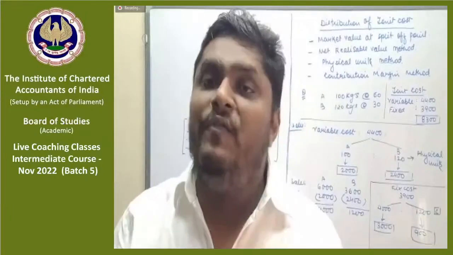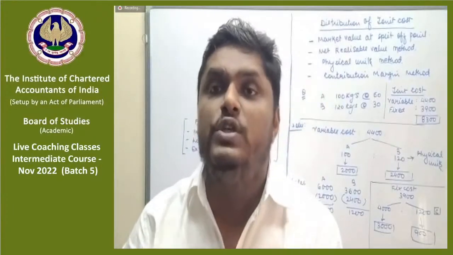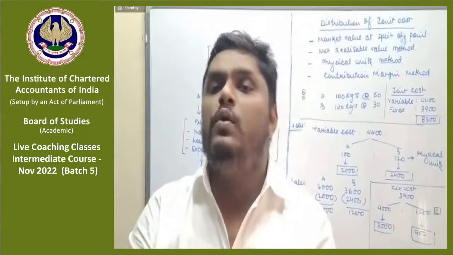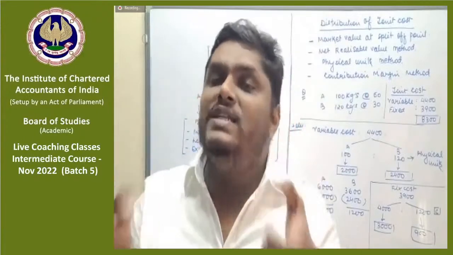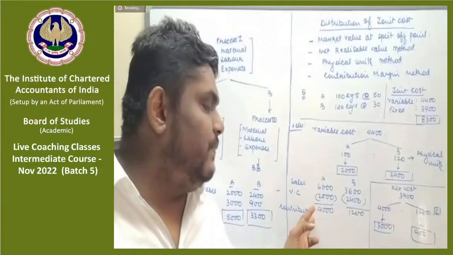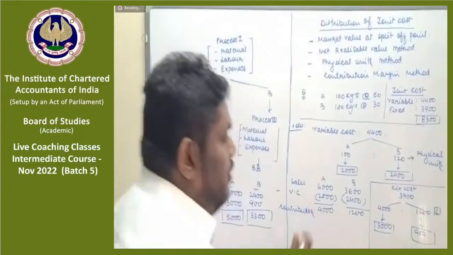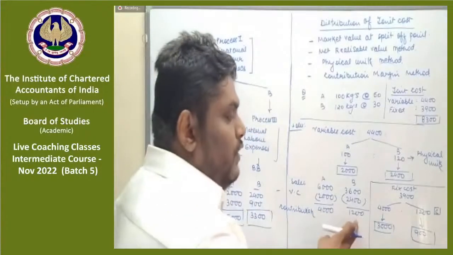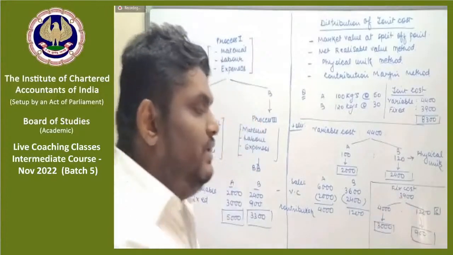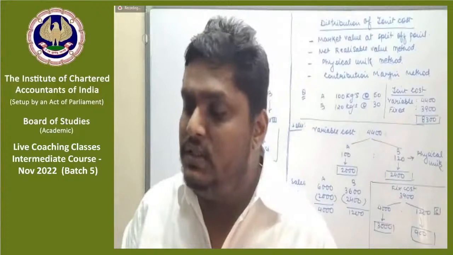When talking about fixed cost, it will be distributed in the ratio of contribution. And how is contribution calculated? Sales minus variable cost as apportioned. So the ratio of contribution is 4,000:1,200. So 3,900 is distributed in the ratio of 4,000:1,200.